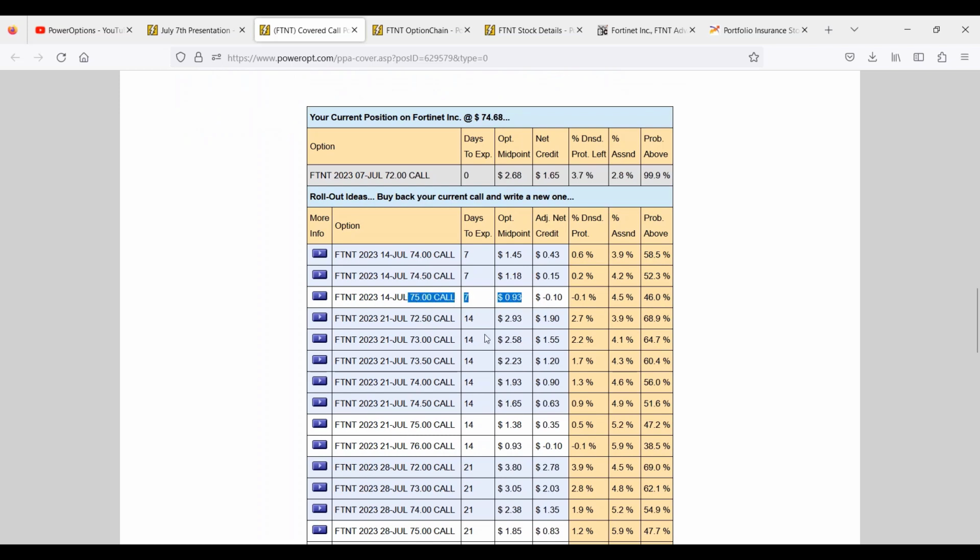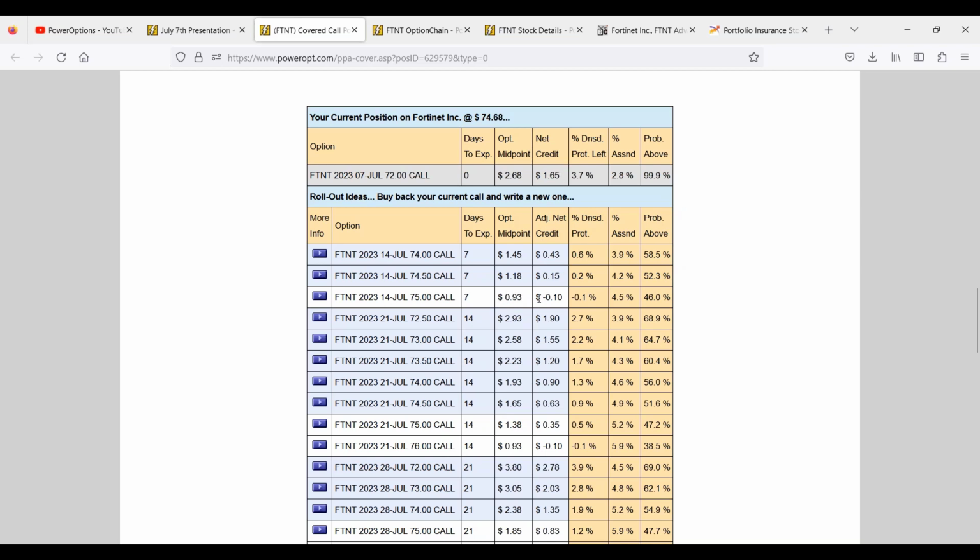So if I want to stay out of the money, give myself a little bit more breathing room and increase my potential return if assigned, I might want to look here for something that gives me a total adjusted net credit. This column here, adjusted net credit, that is a positive value. So we could have rolled to the 14th of July, 75 call and got 93 cents.